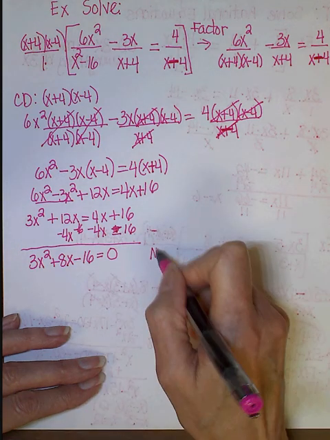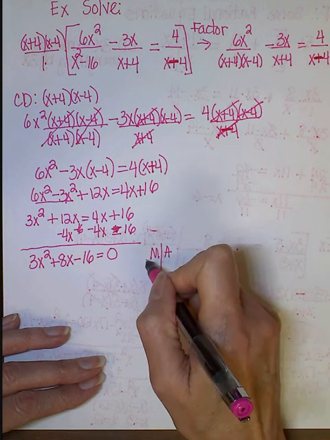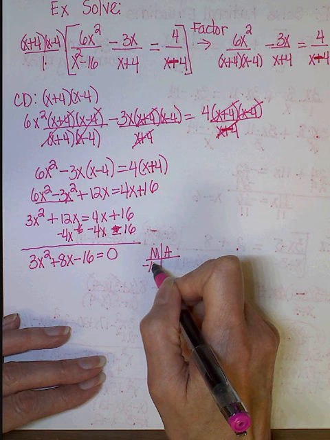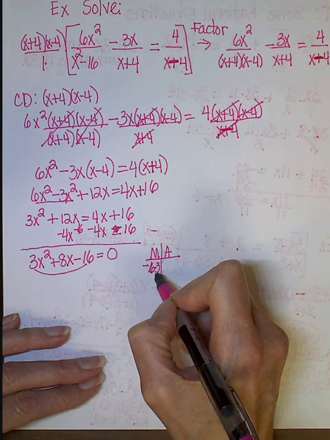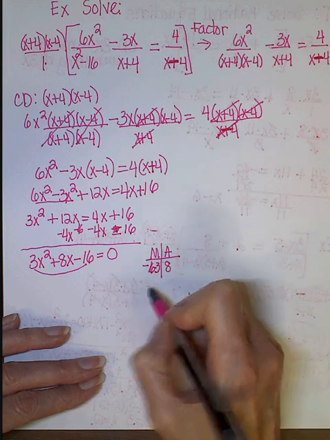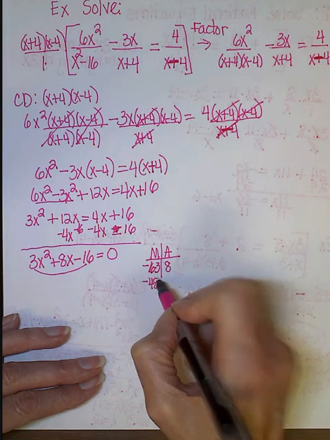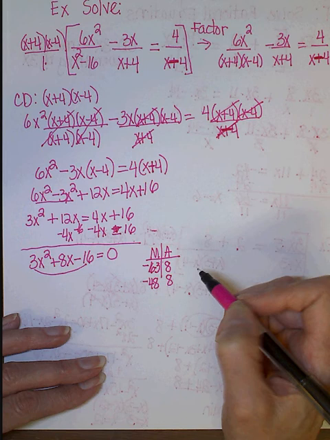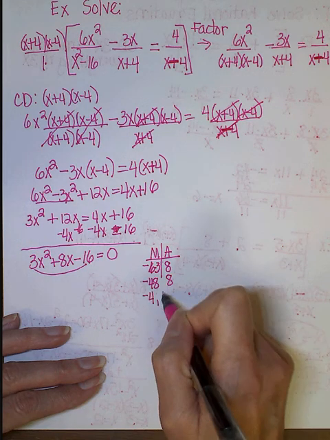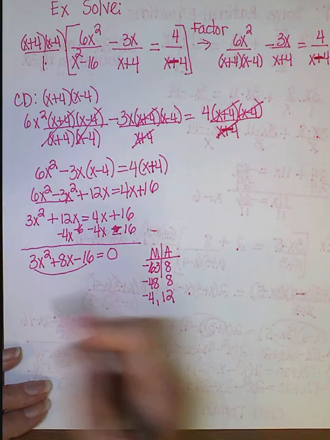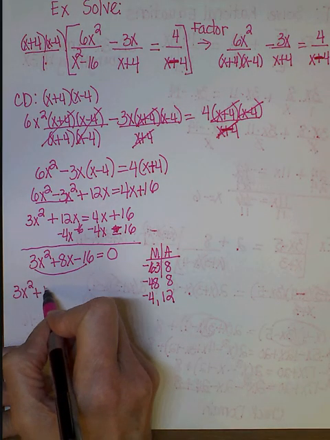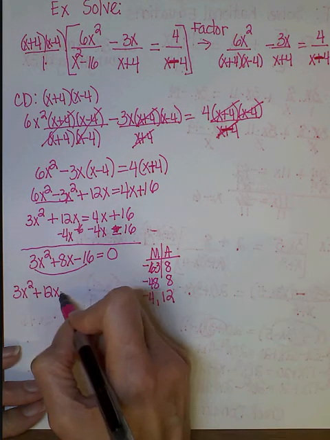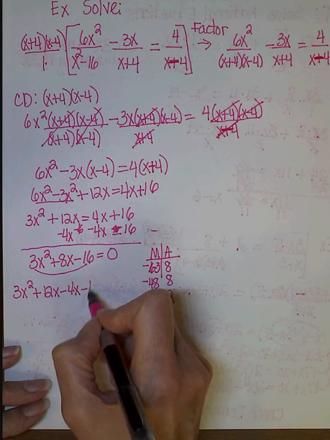Alright, now we're ready to factor. So remember, I have to multiply these, so times 3 and add to be 8. So negative 48 adds to be 8, and that would be negative 4 and 12. Now I have to use regrouping here. So I'm going to put the 12 here with an x, and then minus 4x.